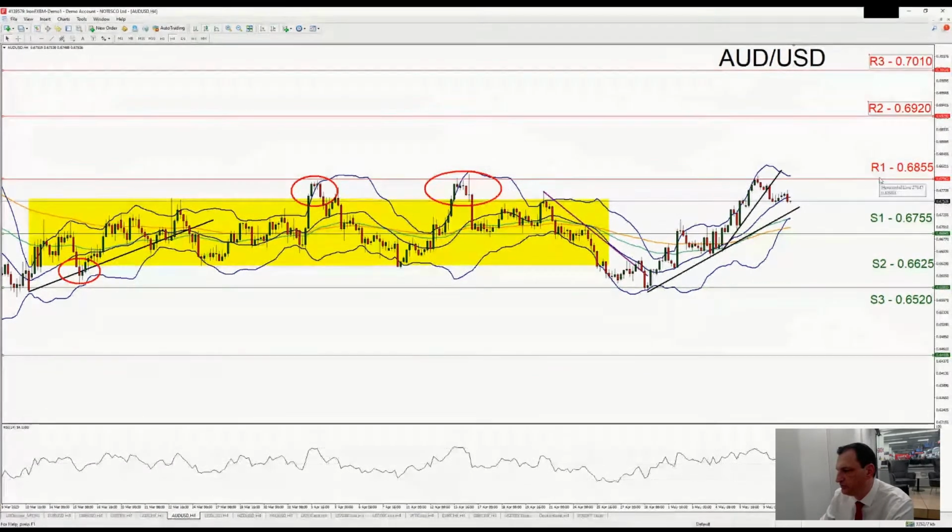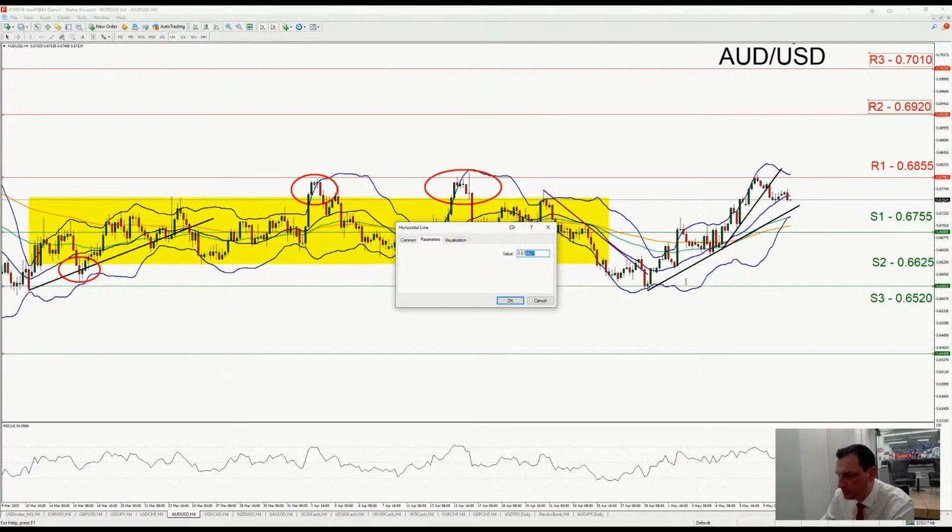The R3, sorry, the R1, which is being placed at 0.68.